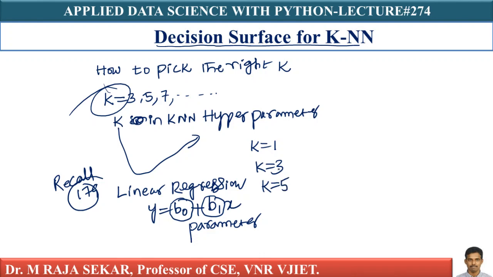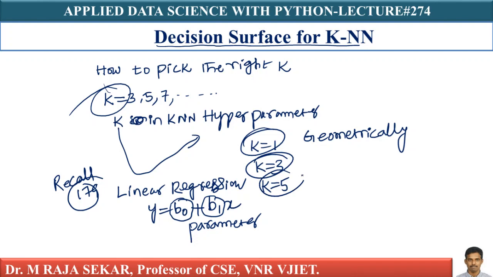We will try to understand geometrically what happens when k equal to 1, when k equal to 3, when k equal to 5. If you get a geometrical understanding, our intuition of k nearest neighborhood improves dramatically.